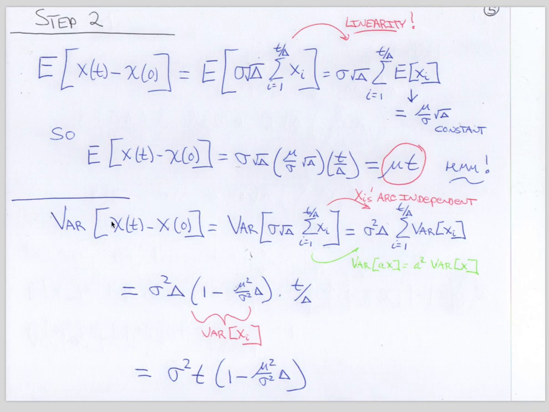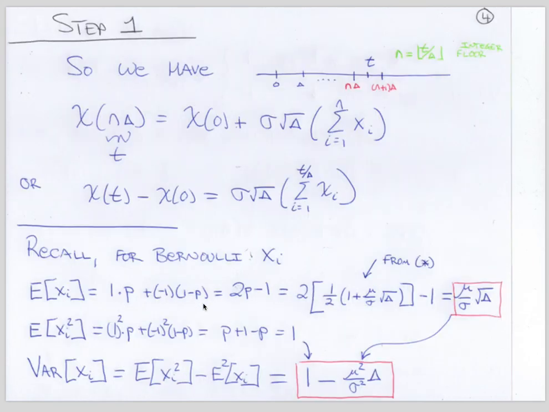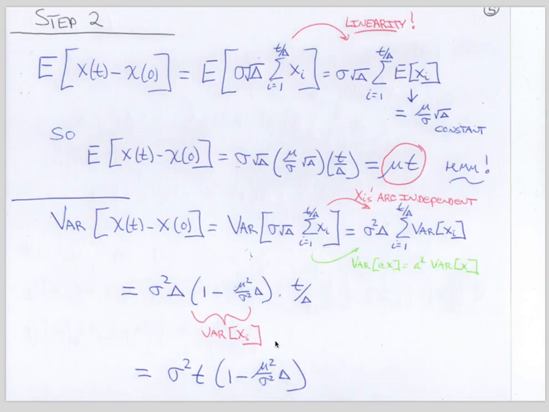And then the variance, similarly, can be brought inside, not because it's linear, but because the xi's are independent. And remember, this sigma square root of delta becomes sigma squared delta. And the variance can come in, which is a constant again. And so we have n of those, or t over delta, of those Bernoulli variances here. And then sigma squared delta. And that gives us sigma squared t times this term here. Okay, so we have the mean of the differential and the variance.